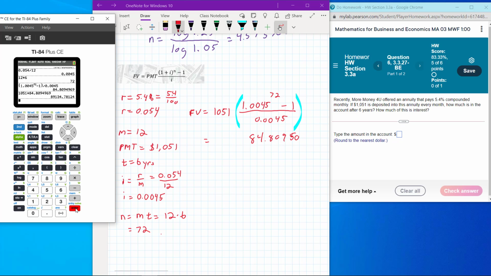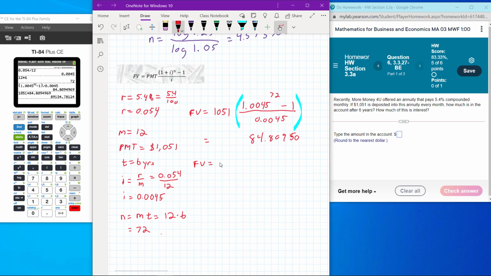And I get a future value of 89,134.78. And since the third digit's a 1, I know that I'm going to have $89,134.78.